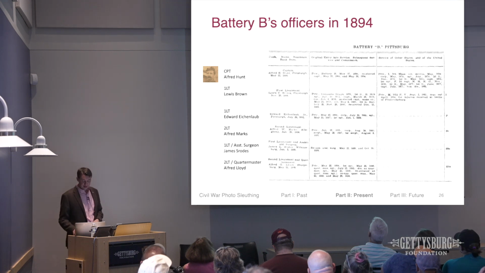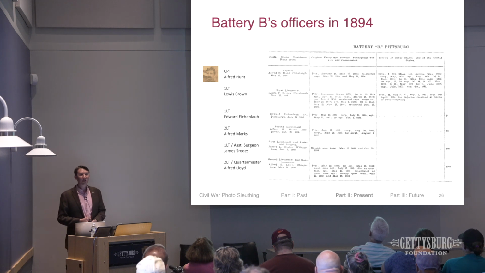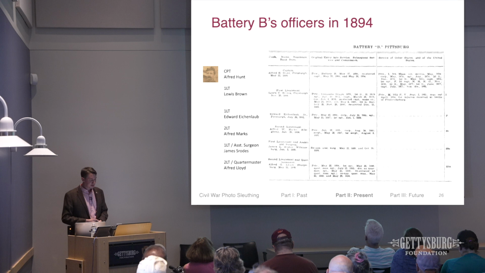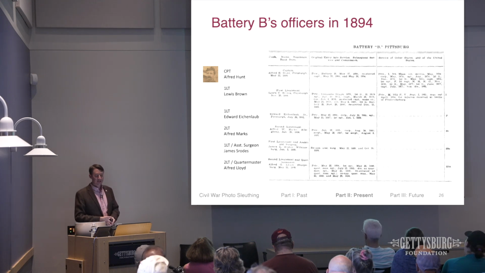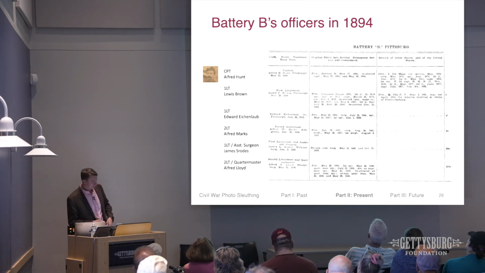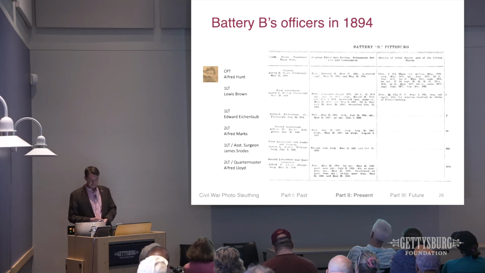Well, it turns out you can find military records for Pennsylvania National Guard soldiers in the 1890s from the Adjutant General's office. Here is the record for 1894 for Battery B, and you probably can't see, so I've copied it over here, that there's 6 officers listed, starting with Captain Hunt, who we've already identified.